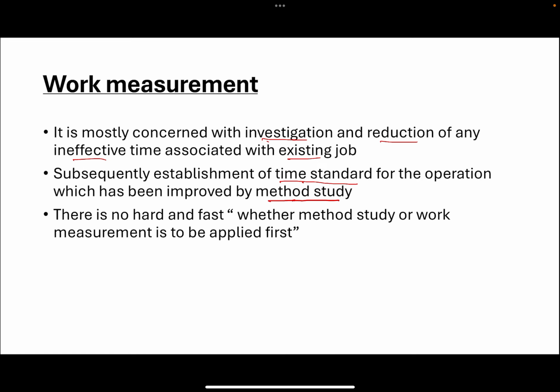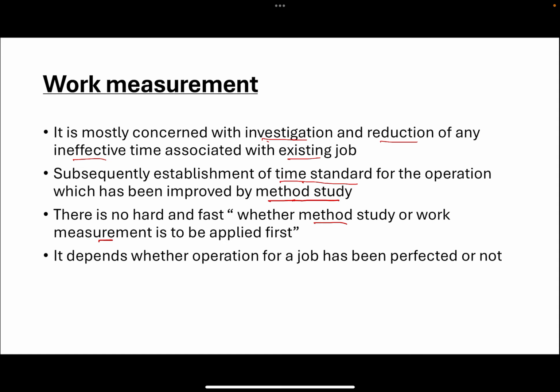There is no hard and fast rule on whether method study or work measurement is applied first, but usually we find the best method, then measure the time taken to do that job. It depends on whether the operation for a job has been perfected or not. That means we need to find the perfect method first, and only then will we do the work measurement.